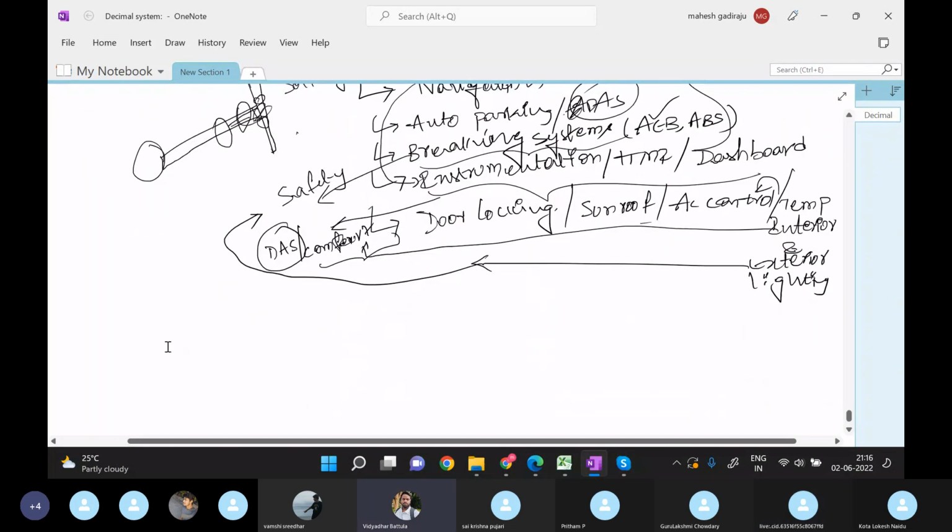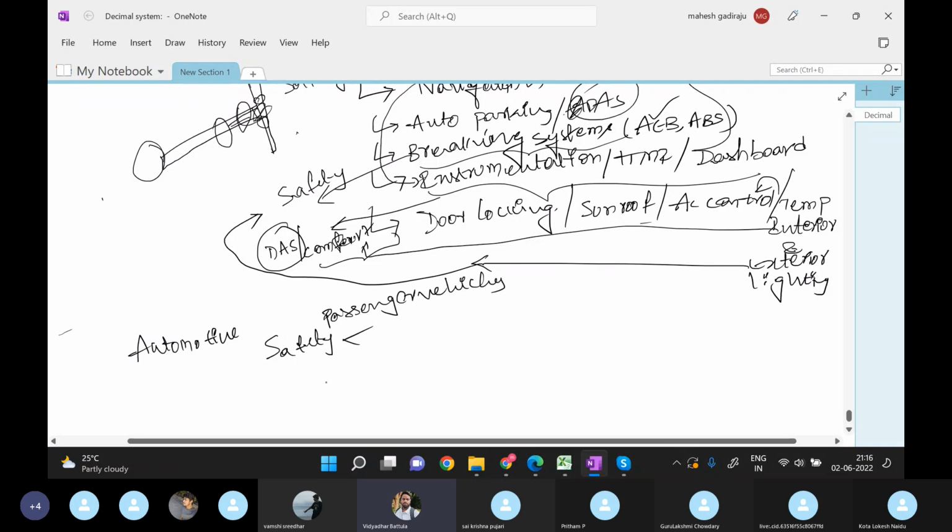Now tell me. In automotive, if you take most passenger vehicles, what is the main constraint you will look at if you are going to buy a car?